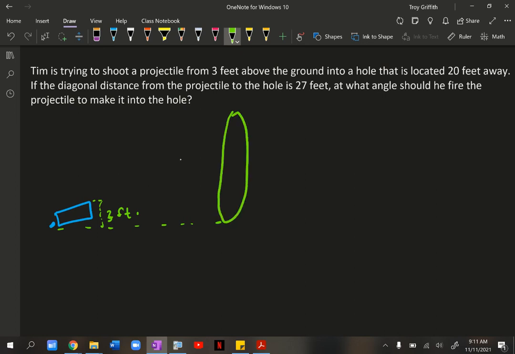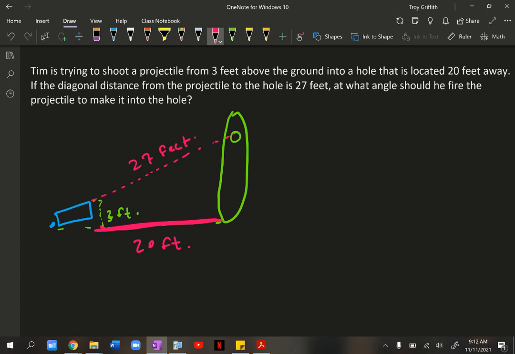There's my hole that I'm trying to shoot this into. And the hole is located 20 feet away. So this distance right here is 20 feet. And it says the diagonal distance from the projectile to the hole is 27 feet. So from here to the hole, this diagonal distance is 27 feet.